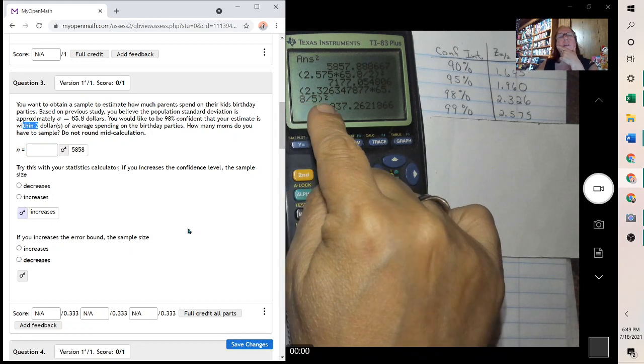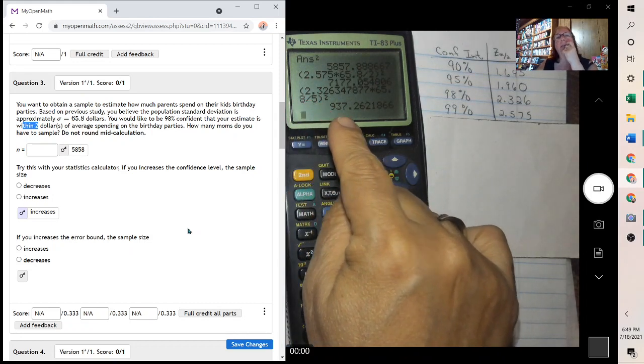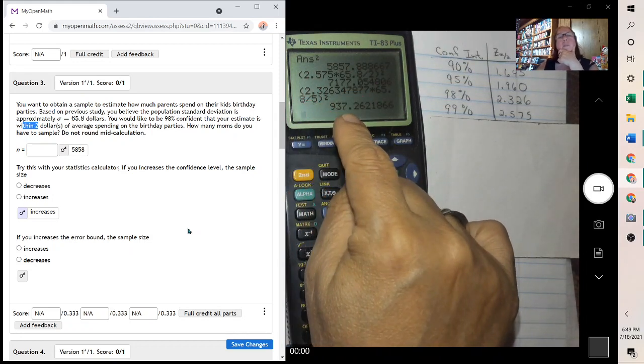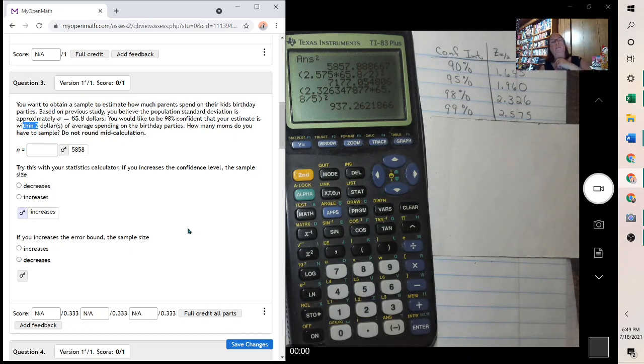Notice if we increase the error that we're allowing, then this will decrease because we're allowing for more error. If we allow more error, we can have a smaller sample size. But if you want to be more accurate, you need to have a larger sample size.